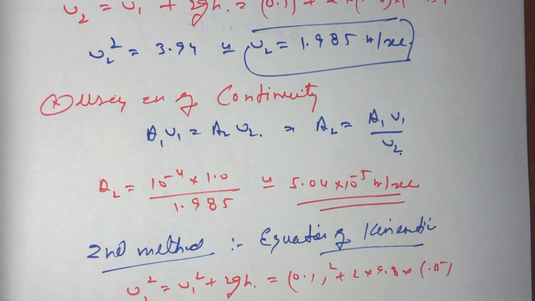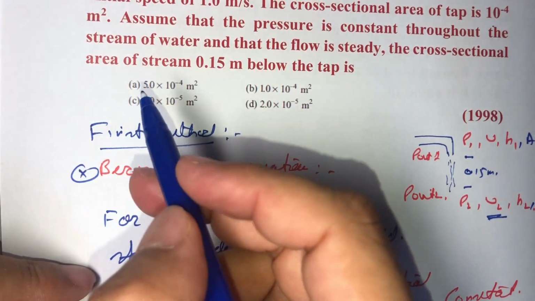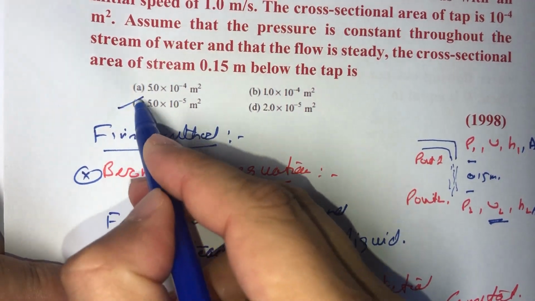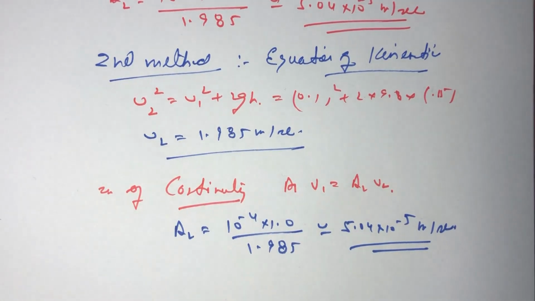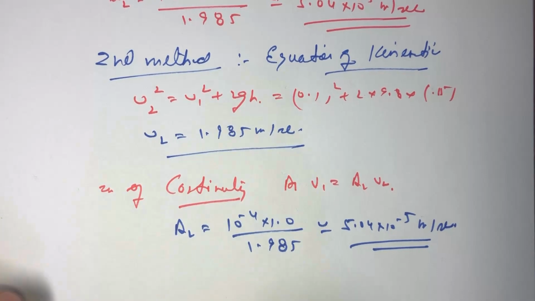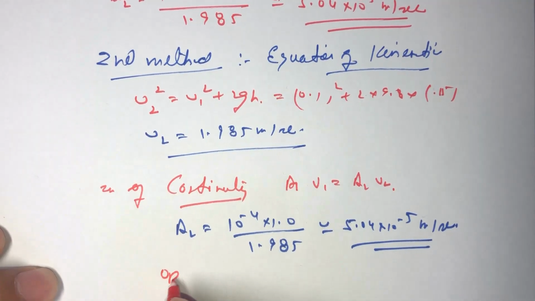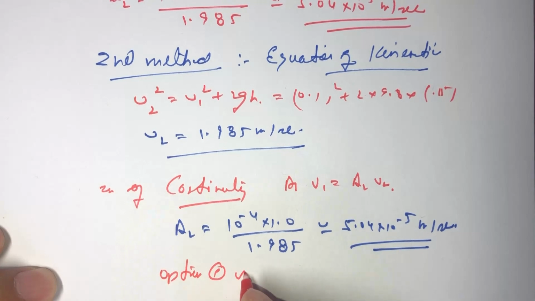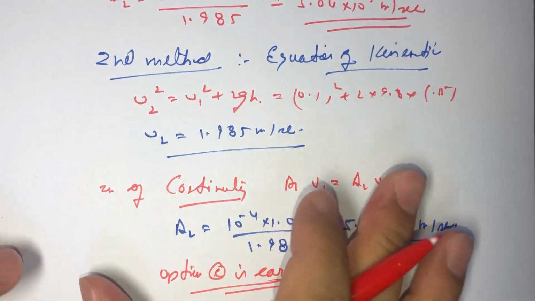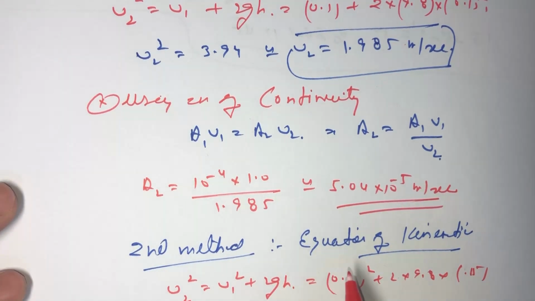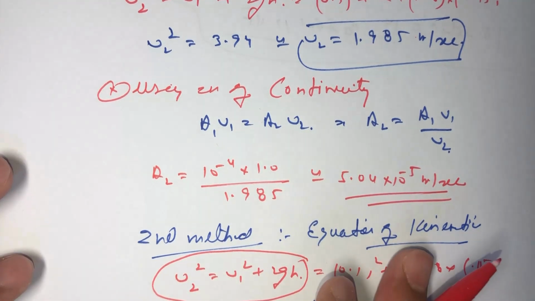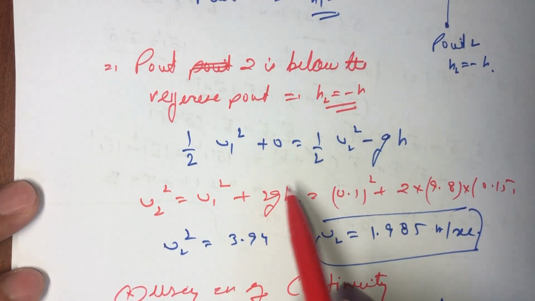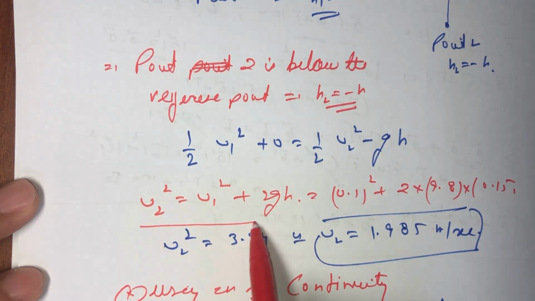So the option available to us, you can see that option number C is the correct answer. Option C is correct. So in this we can also see that the equation for kinematics and the final equation which we got by using the Bernoulli's equation is same.